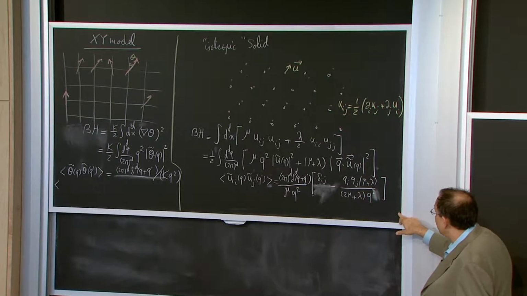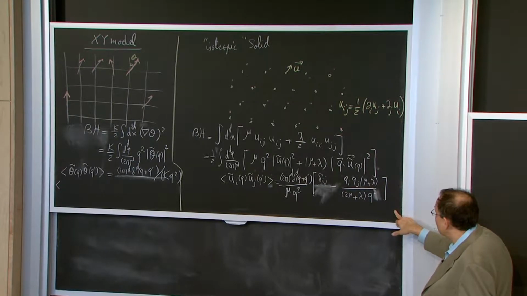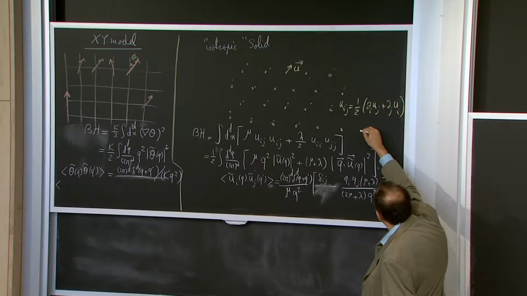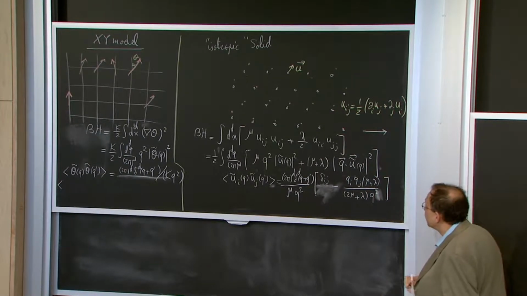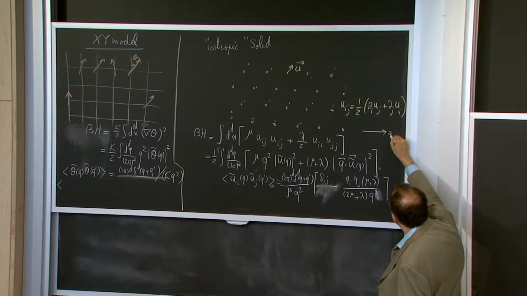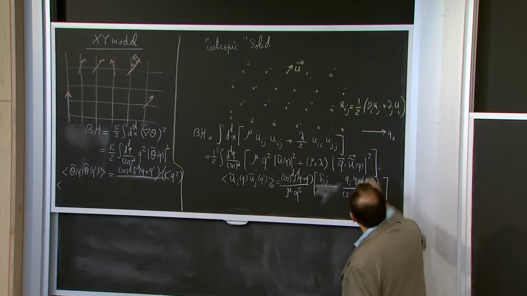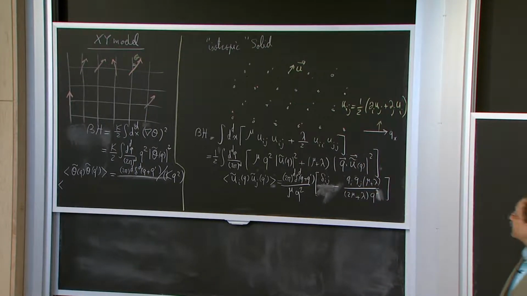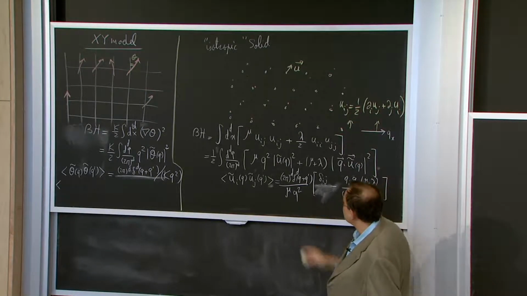So what I can do is, let's say, imagine that I'm looking at a q that is oriented along the x direction, and I look at u's that are in the y direction, and I correlate 2 u's in the y direction.